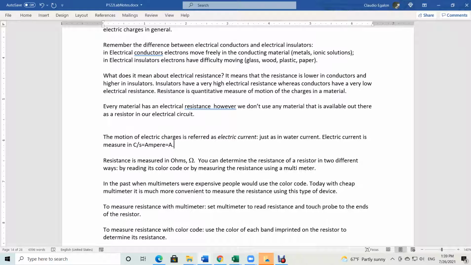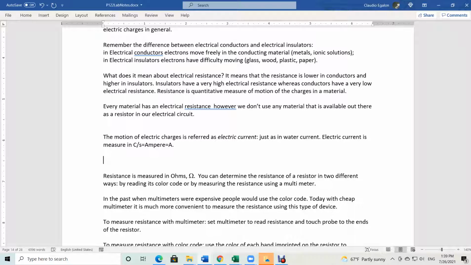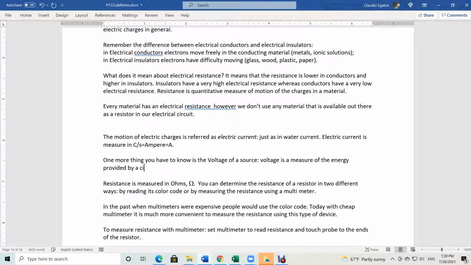Resistance is measured in ohms. One more thing that we'll be covering in the lecture that you have to know is the voltage of a source. Voltage is a measure of the energy provided by a battery, for instance, to a circuit.